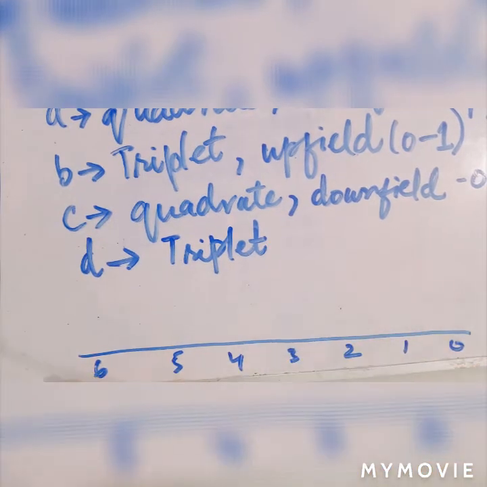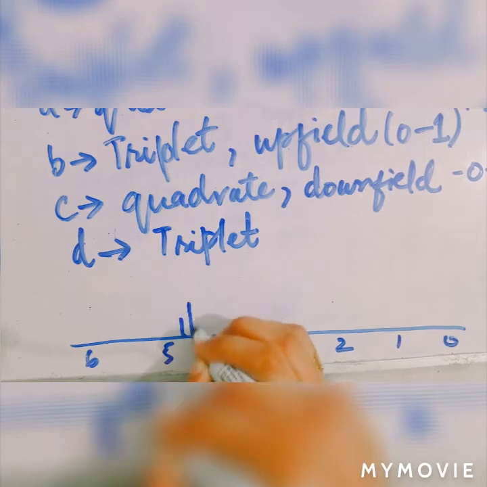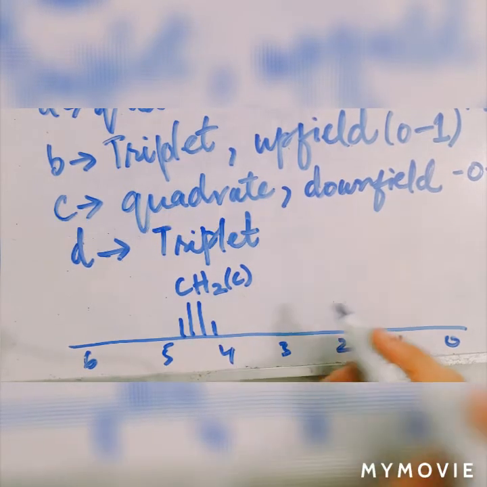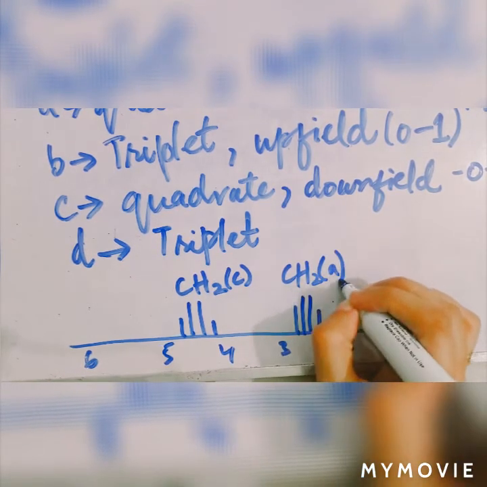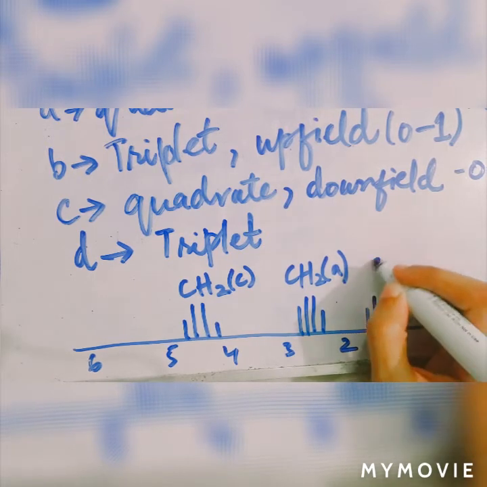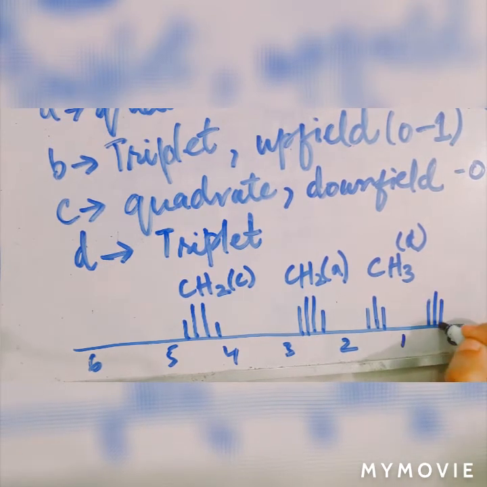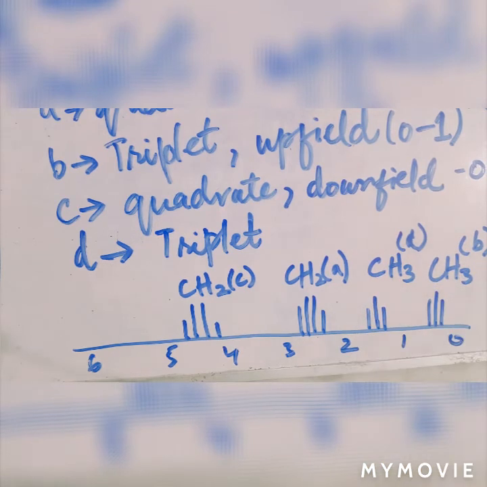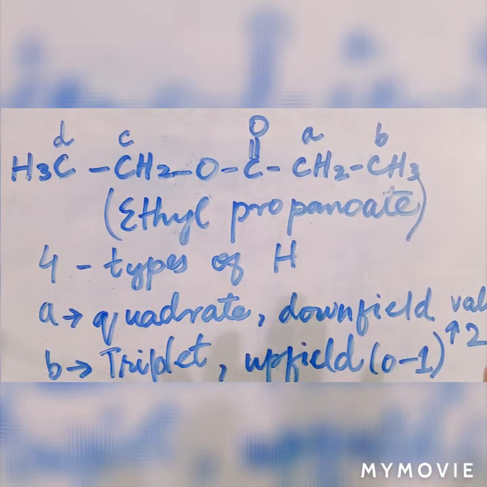It's a tentative spectrum, okay? The CH2 quartet C will be there, the most downfield, and between 2 and 3 a second quartet, CH2 again, A, then at 3 a triplet, CH3, D, and again CH3, but very upfield, and it's the B. So the order is C, A, D, and B. So it is a tentative proton NMR spectrum analysis.